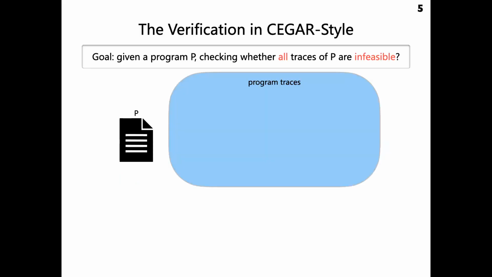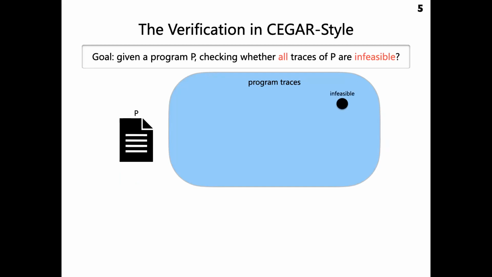Next, we introduce our trace abstraction-based verification method. Our verification is in CEGAR style. The verification target is, given a program P, checking whether all traces of P are infeasible. First, we randomly extract a trace from P and check its feasibility.